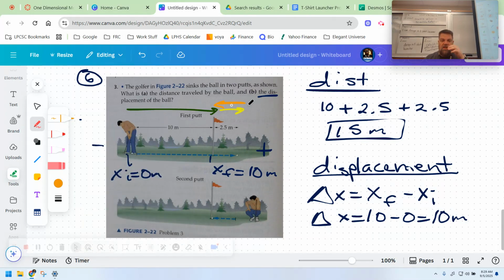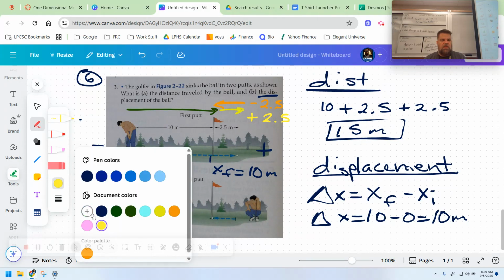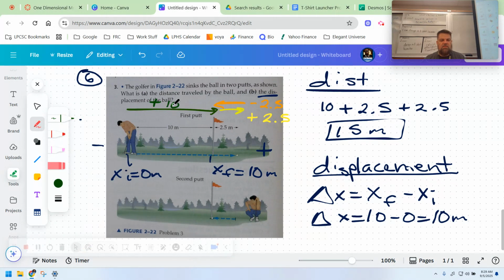So if I were to label all this, this going backwards is technically negative 2.5, right? And then this position over here is technically a positive 2.5. And then this one way over here is technically a positive 10. But if you add these all up, you'll get the same thing that you have here. Okay?